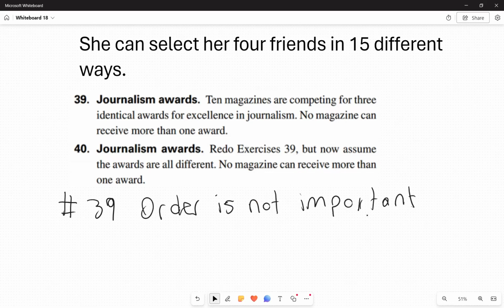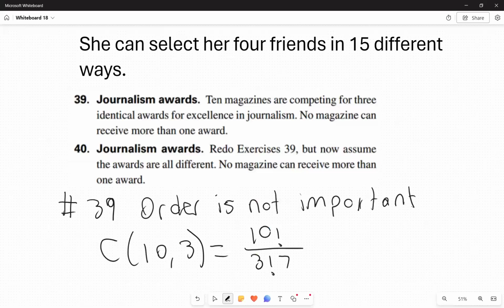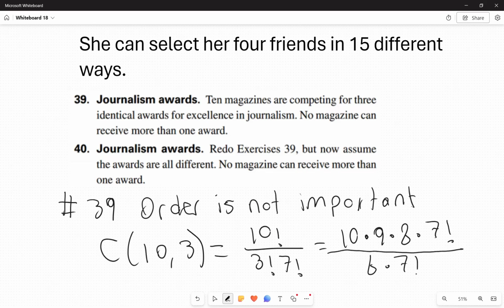And they can give the awards in combinations of 10 elements taken 3 at a time. So this is 10 factorial over 3 factorial, and 10 minus 3 is 7, 7 factorial. So this is 10, 9, 8, 7 factorial, divided by 3 factorial, that is 6, and 7 factorial.